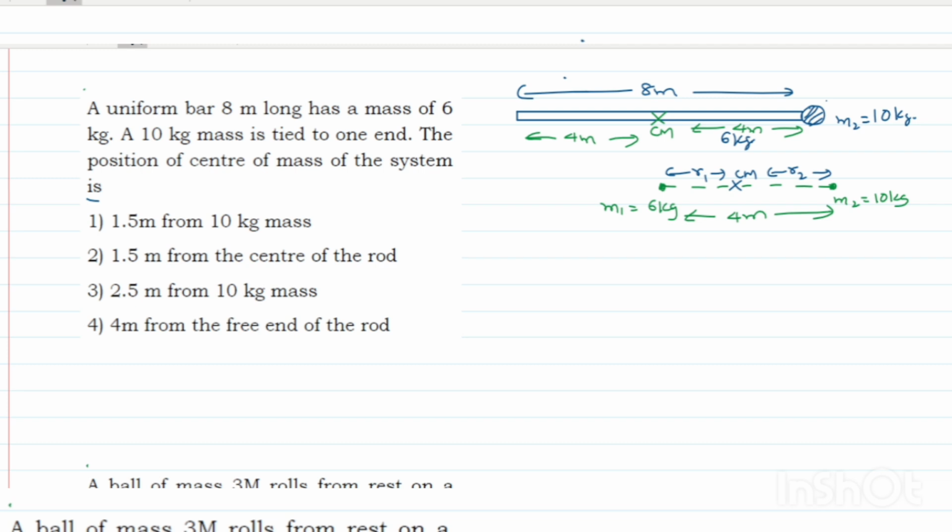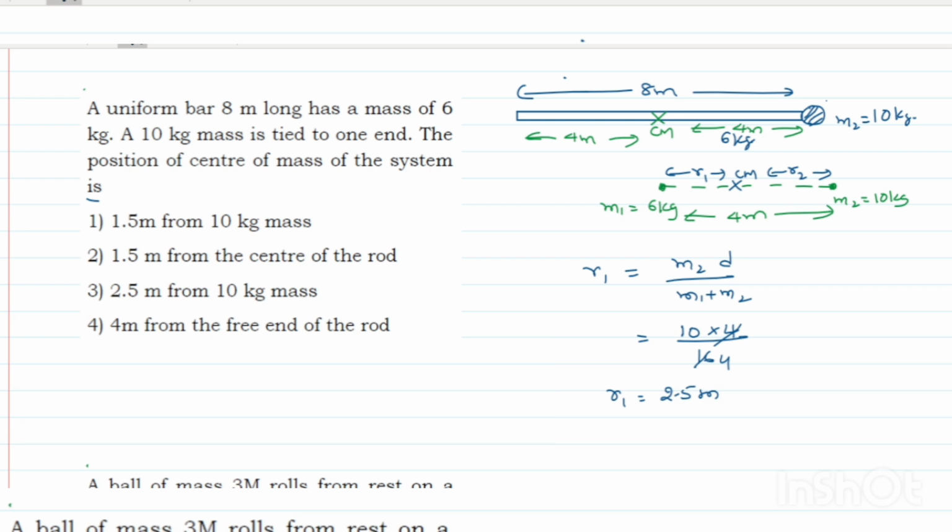Now R1 is m2 into d by m1 plus m2. M2 is 10 kg, d is 4, divided by m1 plus m2, which is 6 plus 10, 16. So the R1 value is 2.5 meters.